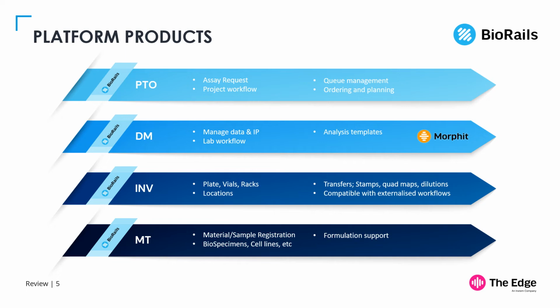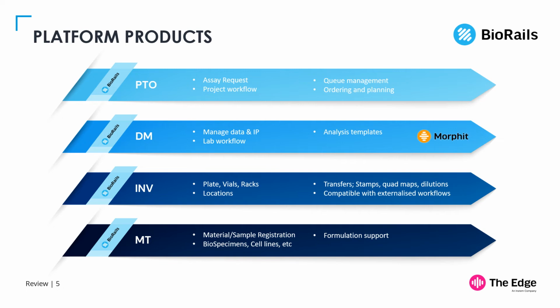The inventory module then allows you to track those materials as physical samples within containers. So they can be in vials, tubes, racks, plates, and other types of container. Those containers are then stored across different locations, maybe distributed between CROs and your own sites, but across buildings, floors, laboratories, freezers, shelves, and positions on that shelf.